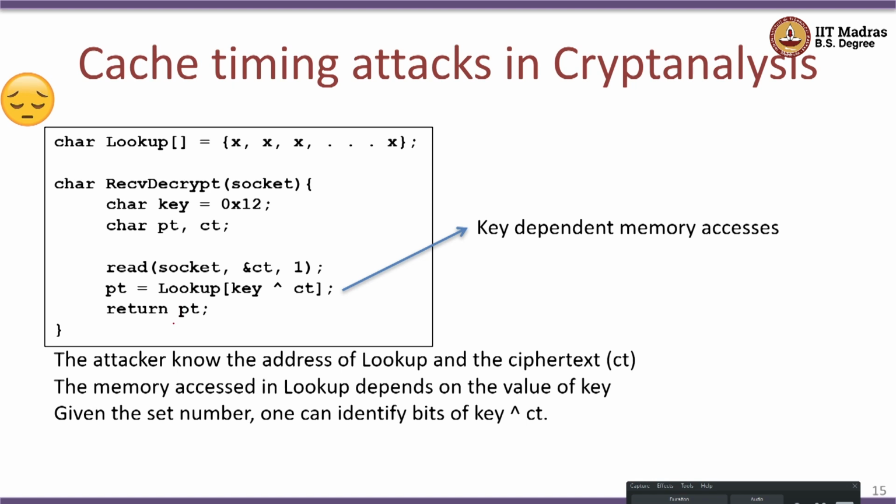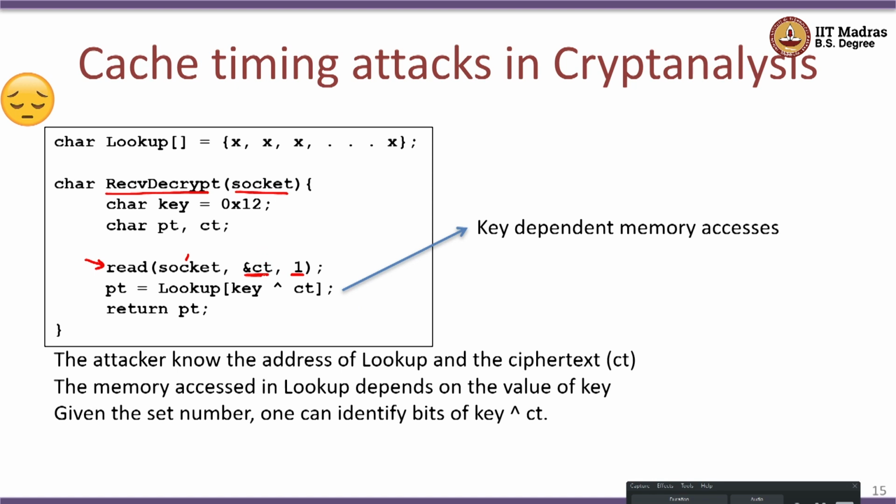So this is essentially a toy cipher, and we assume that there is a function involved called receive decrypt. This function takes a socket as an input parameter. There is a read system call that is invoked. The read is on the socket. It reads a ciphertext which is of one character. So CT is essentially the ciphertext.